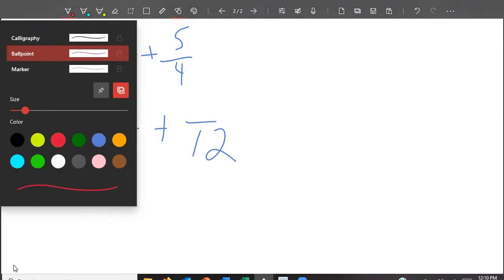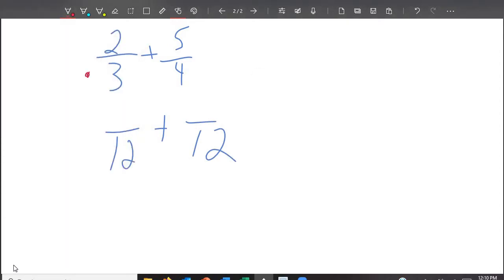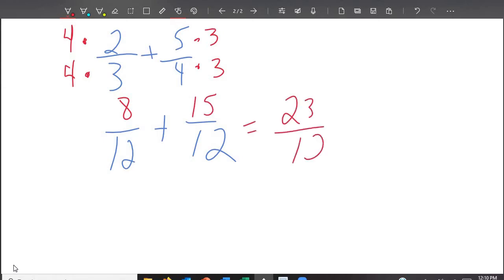But in order to change it to a 12, we have to multiply this fraction by 4, top and bottom. This one we have to multiply by 3, top and bottom. Then we add the numerators only. We're going to be doing the same thing, but with variables.